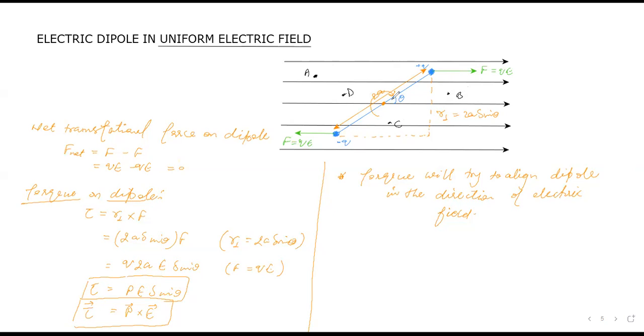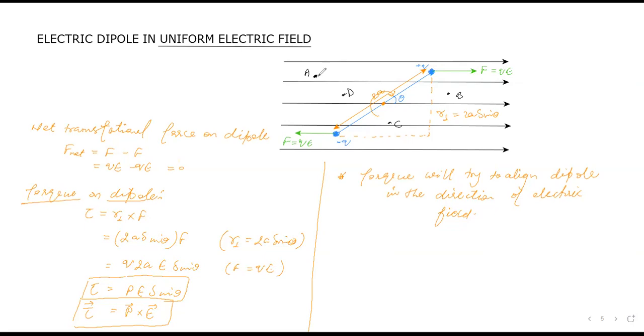In this case, the force acting upon the charges plus Q and minus Q will be the same. When the field is uniform, the force acting upon both charges of the dipole will be the same, but they are in opposite directions. What will happen when the electric field is non-uniform?